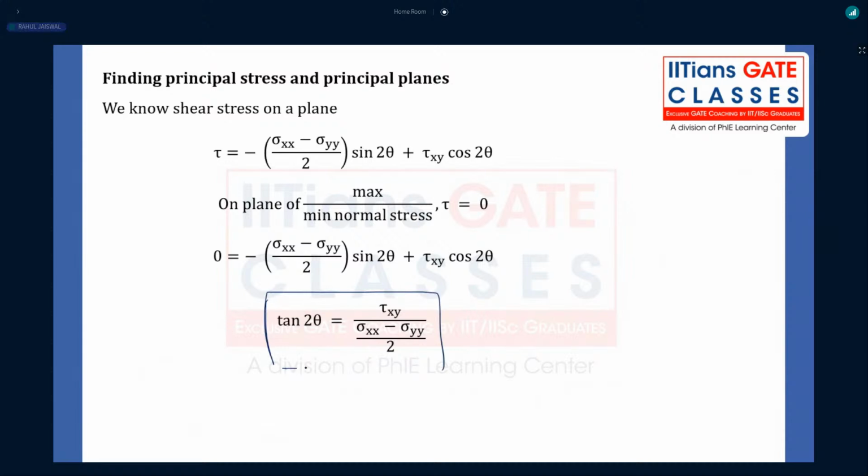This particular formula for finding the principal planes, is it clear, all of you?